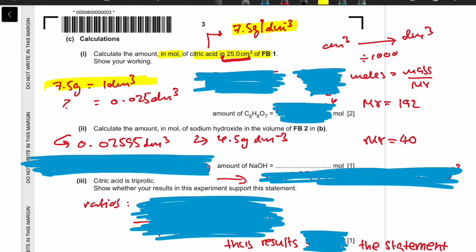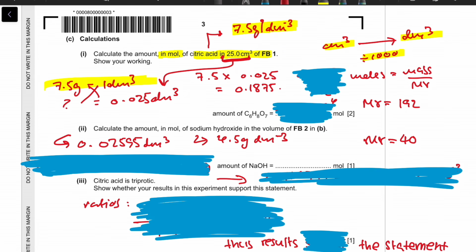What we need to do is convert centimeters cubed to decimeters cubed by dividing by 1,000. So this 25 centimeters cubed is equivalent to 0.025 decimeters cubed. If we cross multiply, we find that there is going to be 7.5 times 0.025 grams in 25 centimeters cubed.